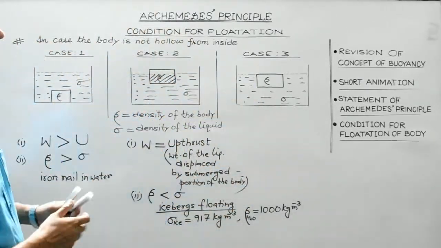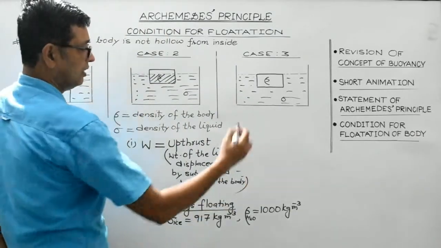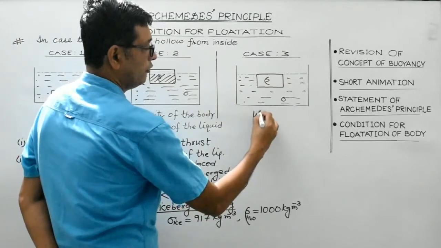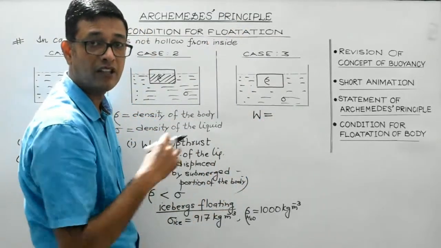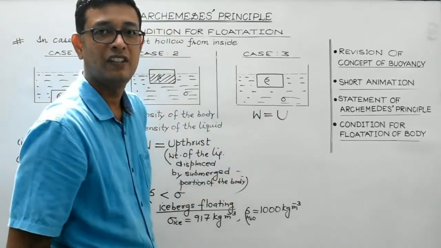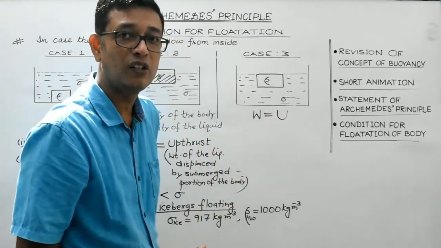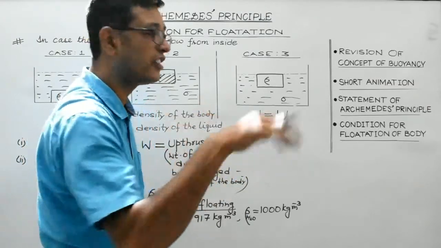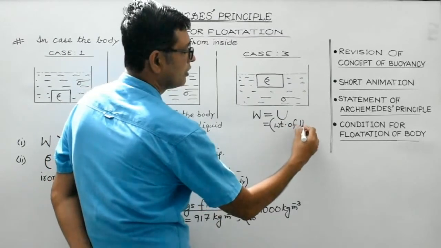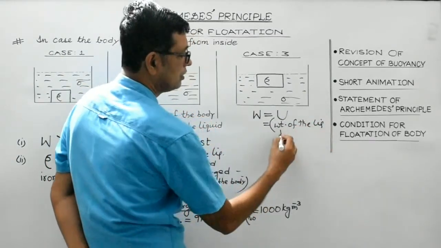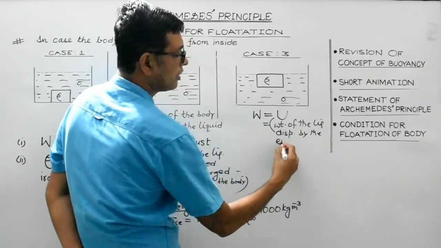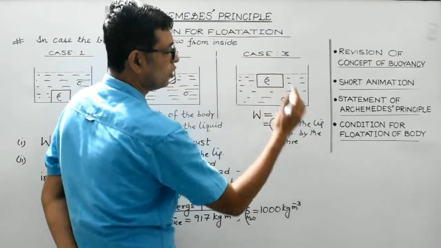Let's consider this case. It is possible again when the weight of the body, which is the force of gravity, is exactly equal to upthrust. In this case, upthrust would be equal to the weight of the liquid displaced by the entire body, because all parts of the body are immersed.